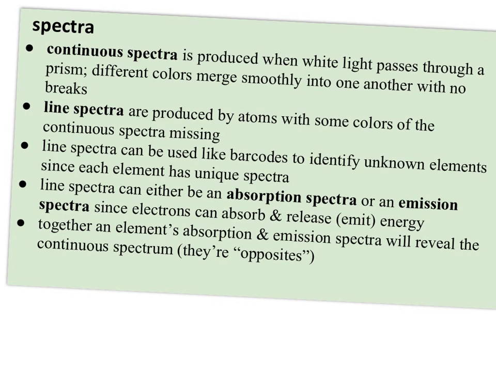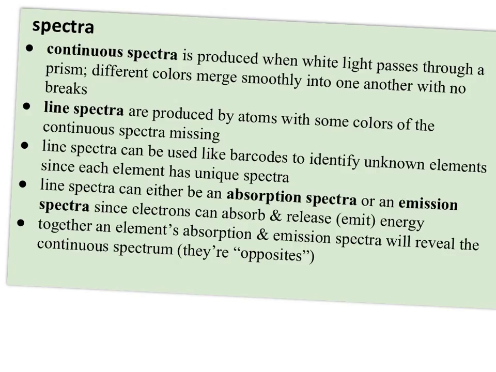Spectra is the other thing you should be aware of with the electromagnetic spectrum. Continuous spectra is produced when white light passes through a prism, and you see the whole rainbow, the different colors merge smoothly one into another with no breaks. That's a continuous spectra. Line spectra are produced by atoms, and some of the colors of the continuous spectra are missing, so it kind of looks like a colored barcode with some black sections in there.